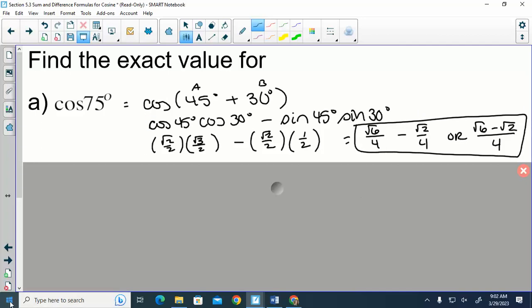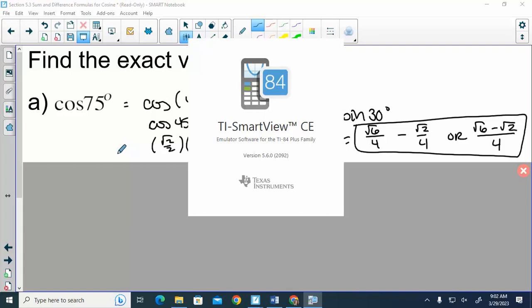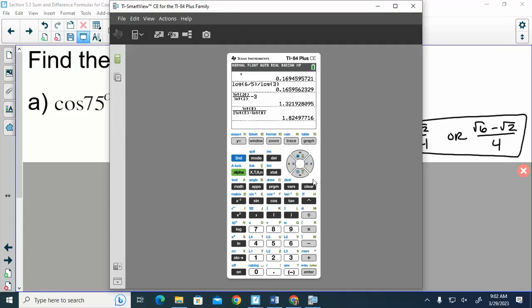Let's do a quick check to see if our answer is right. Grab a calculator. The original was in degrees, so flip it into degree mode. So if we type in the cosine of 75 degrees, we get this decimal. Then let's type in our answer.